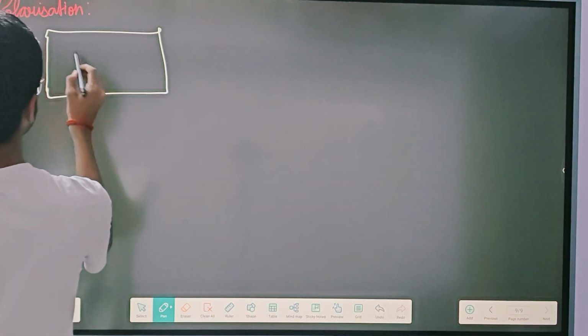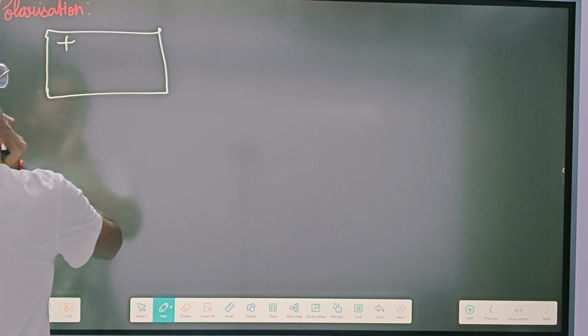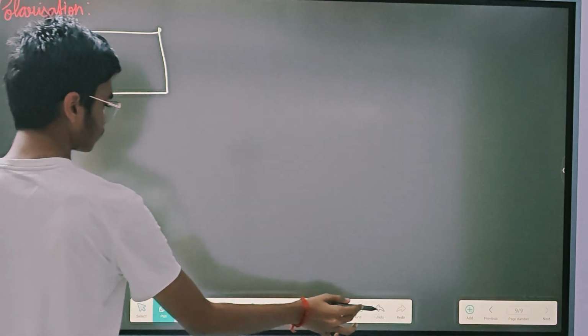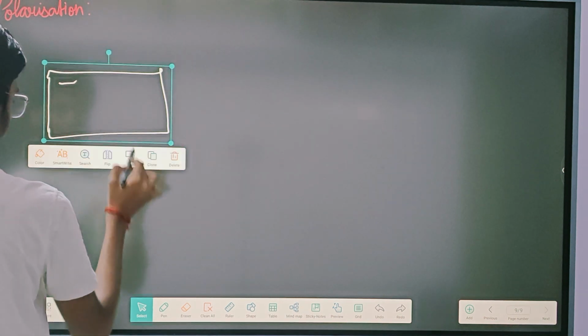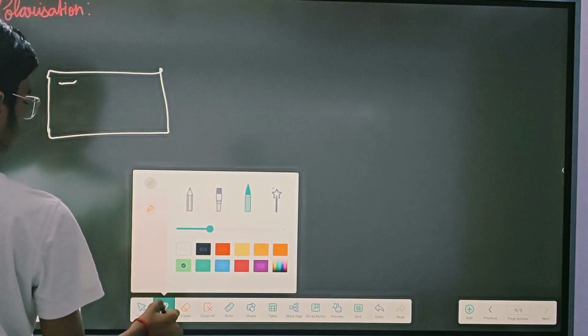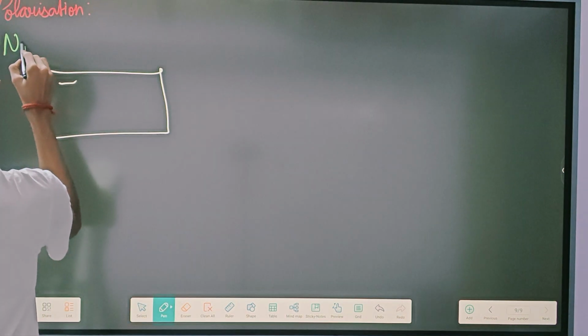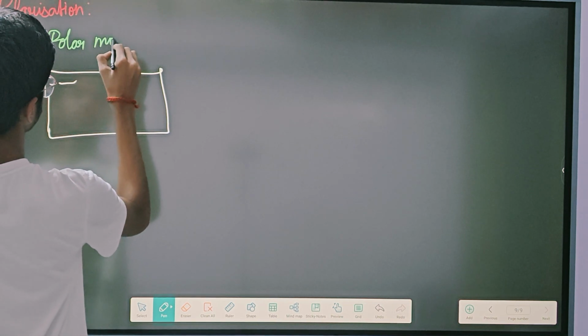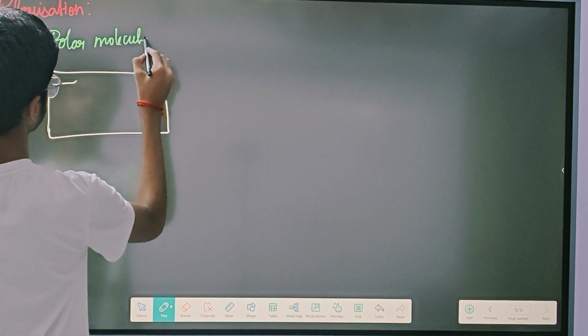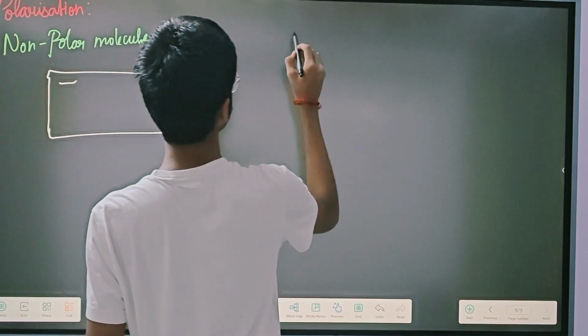Wow. Okay. See, first you'll be taking polarization of a non-polar molecule, and then a polar molecule.